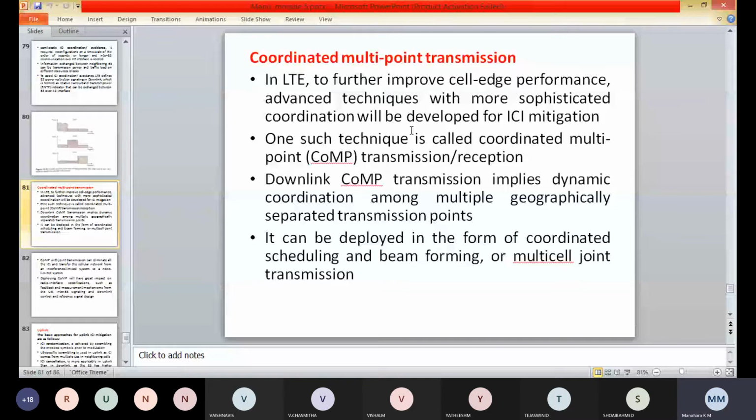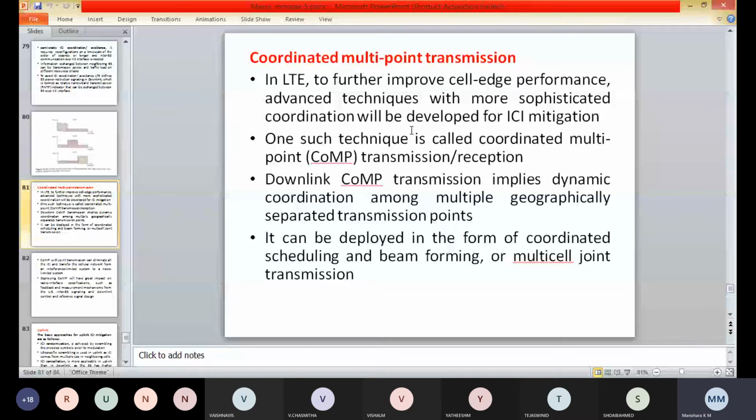CoMP with joint transmission can theoretically eliminate all the ICI and transform the cellular network from an interference limited system to a noise limited system.